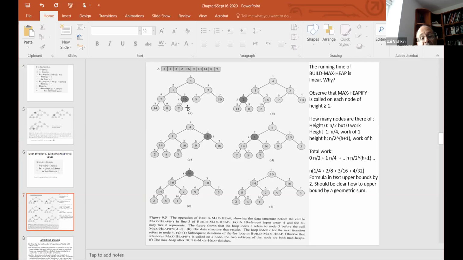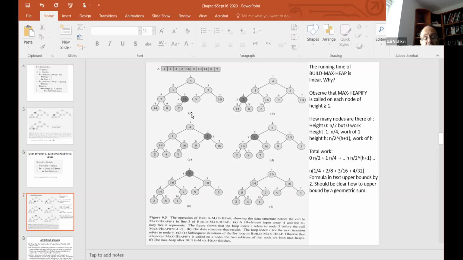Or it can be two children, but both children are guaranteed, in the beginning, to be leaves. So to the extent that there is an infringement of the max heap property, it will be very local. So it is convenient for me to start with the lower nodes and then move all the way to the root by going through the levels, these guys and these guys, and finally the root.